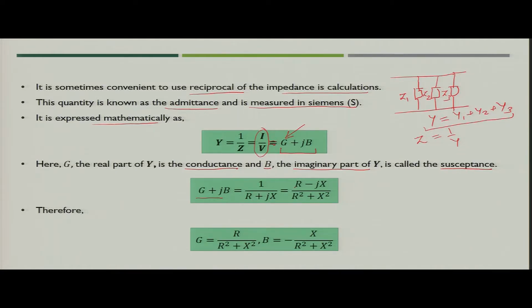So, if you simplify, you will get G plus jB is nothing but R minus jX divided by R square plus X square. So, if you compare real and imaginary terms from both of the components, you can simply say G is nothing but R upon R square plus X square, and B is nothing but minus of X upon R square plus X square.